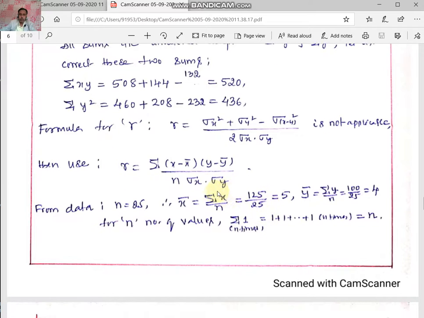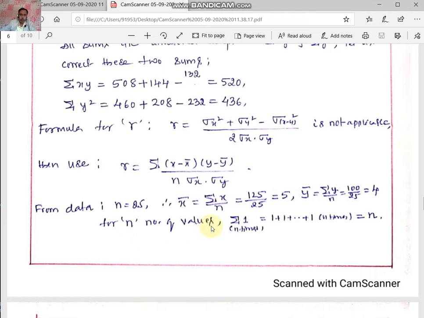Then let us use the correlation coefficient formula as sigma of x minus x bar into y minus y bar divided by n into sigma x sigma y. From the data n is equal to 25, then x bar is sigma x by n. Sigma x is known from the given data, 125 by 25 is 5, so x bar is 5. Similarly y bar is 4.